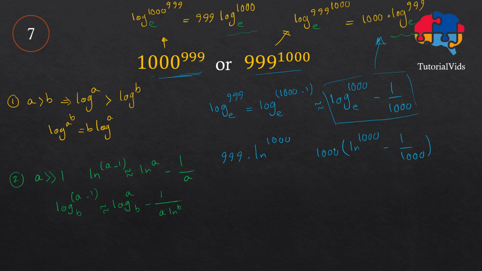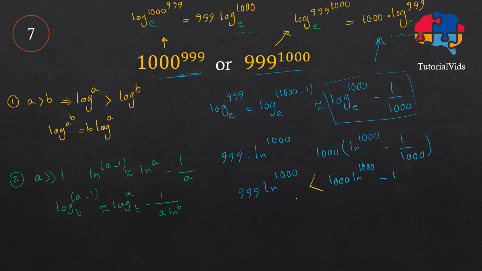And if I distribute this 1000 to the expression in the parentheses, then I would get 1,000 times the natural logarithm of 1,000 minus 1, because this is 1,000 times 1 over 1,000. So I need to compare this with 999 times the natural logarithm of 1,000. Which one is larger? So I make an assumption. I presume that this is larger, and now it's an inequality. We can double check.